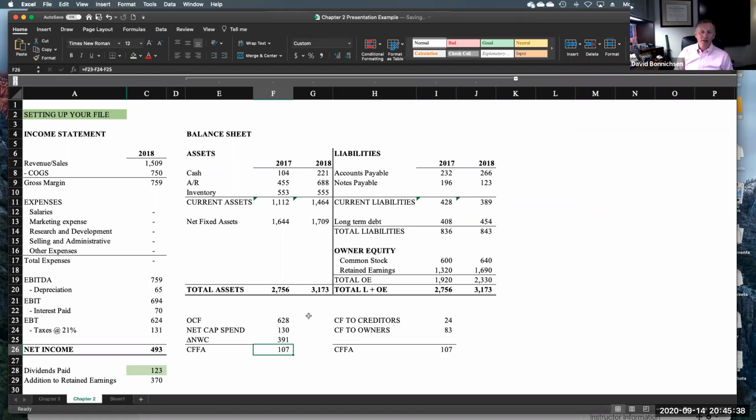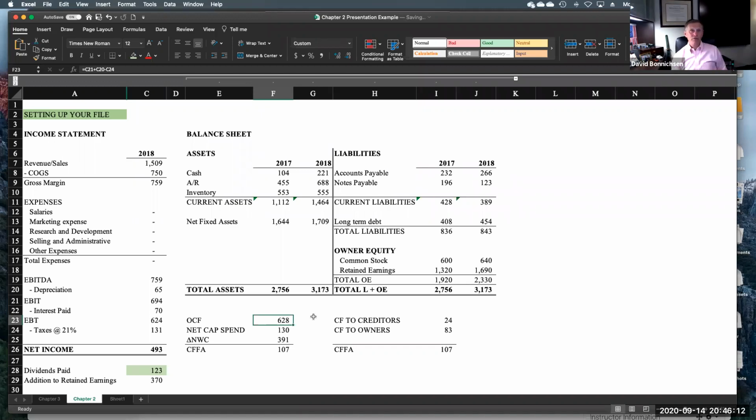So what is this telling us? It tells us that from an operations standpoint, we brought in $628 million to the firm. We spent $130 million to add to our net fixed assets. And then based upon the operations of our business, it actually cost us an additional $391 million of net working capital year over year to run our business in 2018 versus 2017.